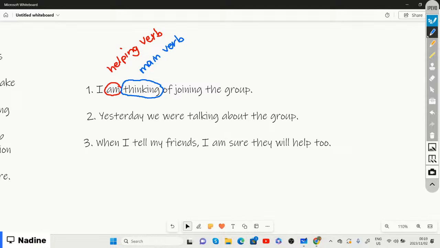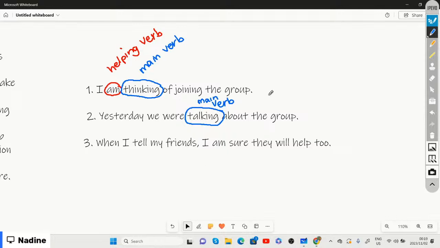So we need to identify the main verb within the sentence. All right, so yes, if we identify the main verb, then we will say it is talking. Something that is being done. It's a verb. This is the main verb, right? Talking. It's the action that is being done.